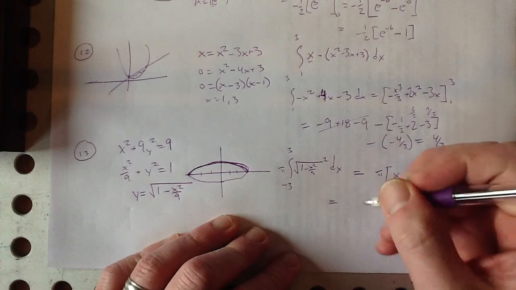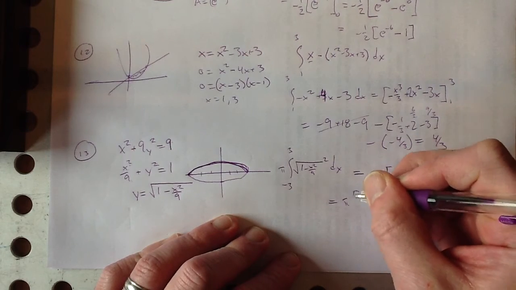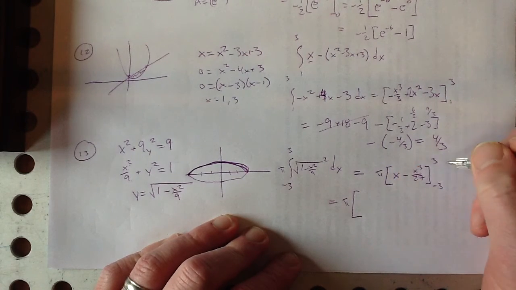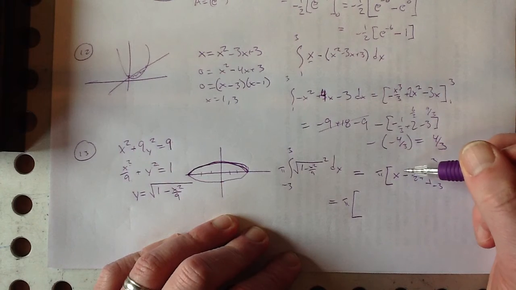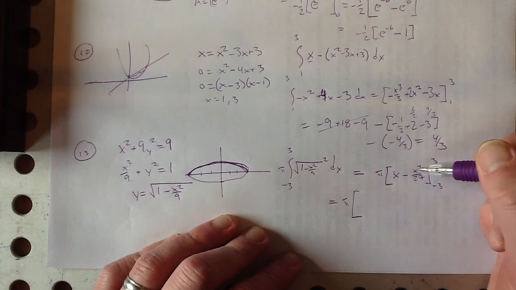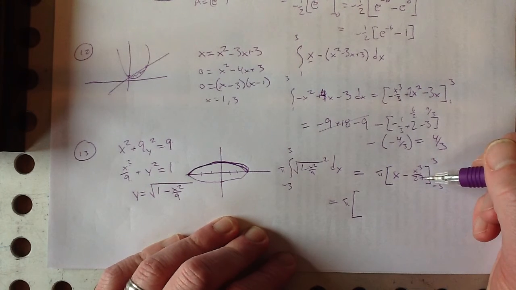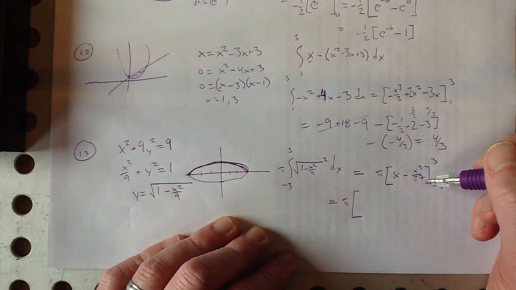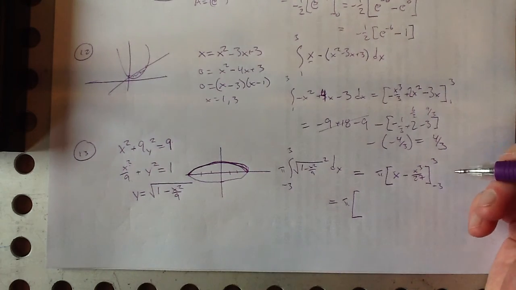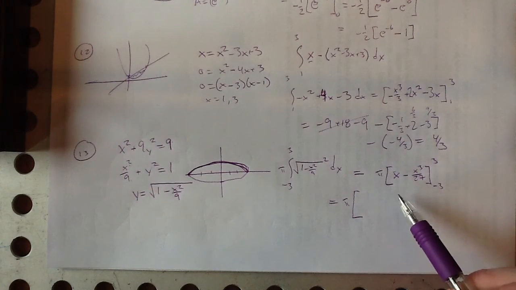So that gives me pi times, plugging 3 in here, I get 3 minus 3 cubed is 27 over, something's not right here. That would just give me 0, wouldn't it?